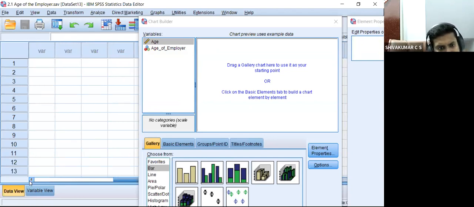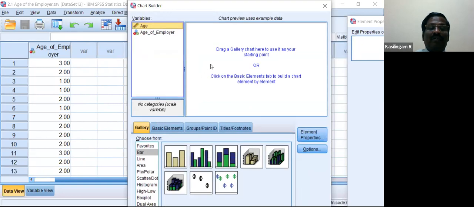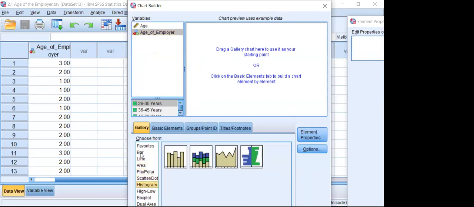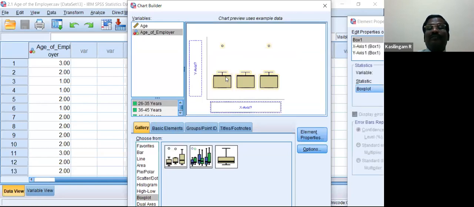I have to see here the box plot. Let me take this box plot and put it here.